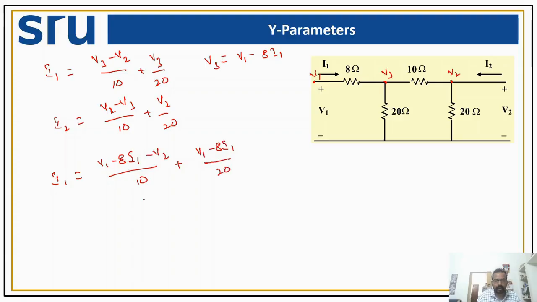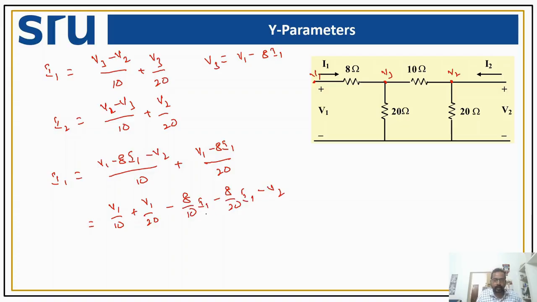If you rearrange these equations, we have V1 by 10 plus V1 by 20 minus 8 by 10 I1 minus 8 by 20 I1 minus V2.